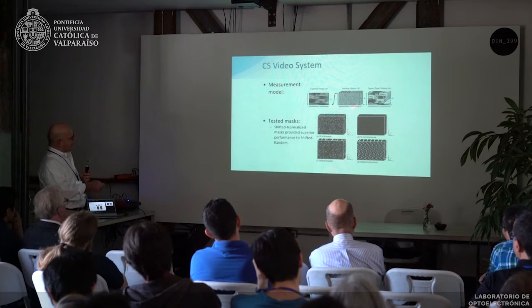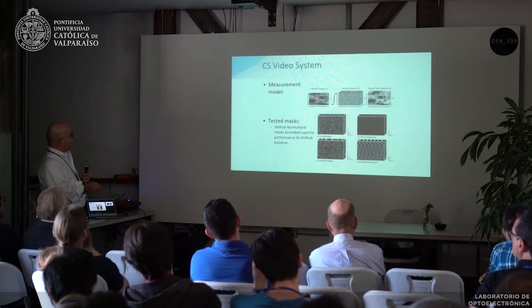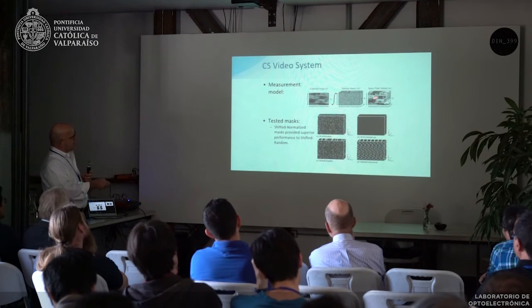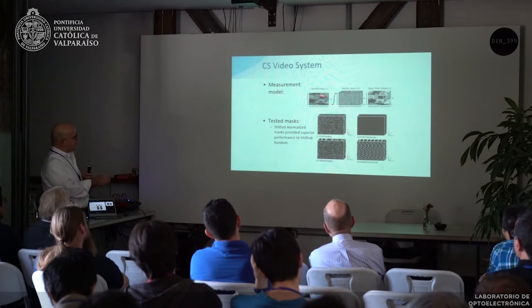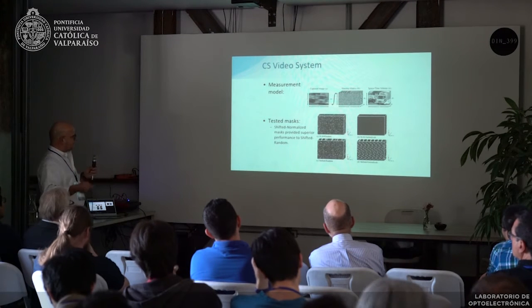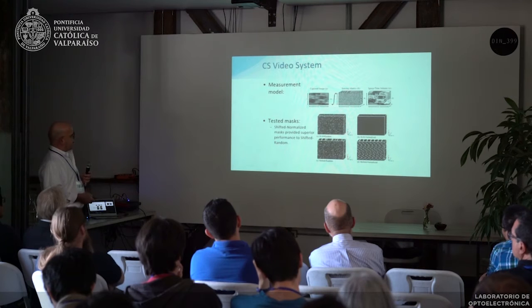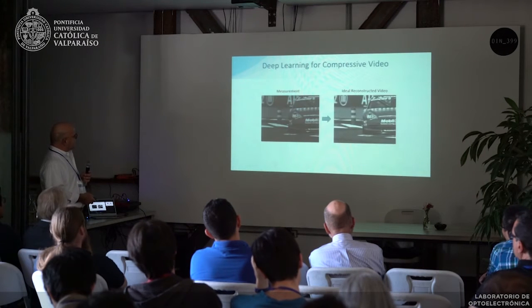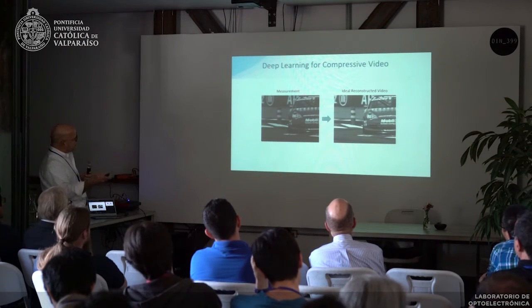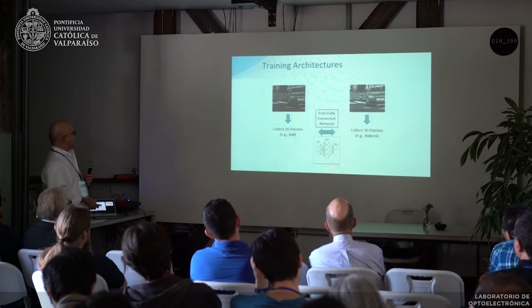So knowing the masks and this observation, you try to recover a video, right? So from one image, you try to recover 16, 20 images, whatever the factor is. Okay, so one measurement, you try to reconstruct what's on the right.